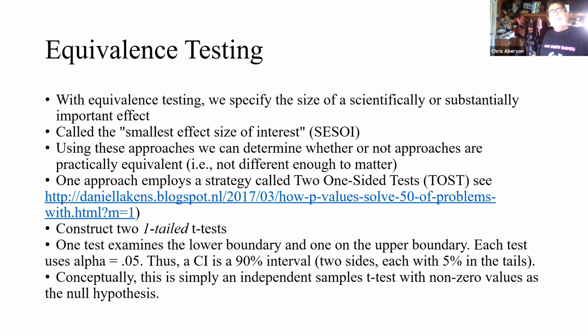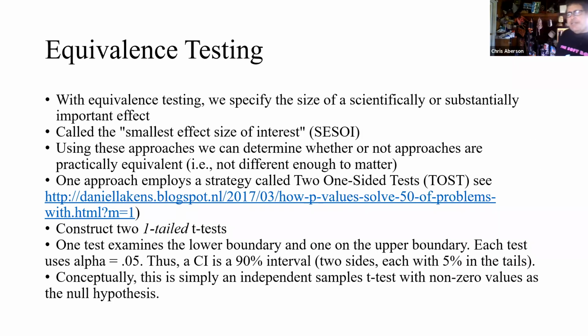I would definitely recommend taking a look at Daniel Lakens's blog post on two one-sided tests, or the TOST approach. What we do with the two one-sided tests is we examine a lower boundary and an upper boundary. So if my difference of interest is a 2-point difference, I'm going to look for -2 on one end, +2 on the other end. If I can rule them both out, then I can say the difference is unlikely to be a 2-point difference in the population.